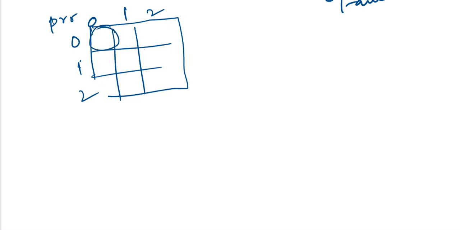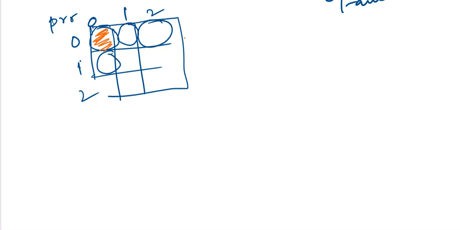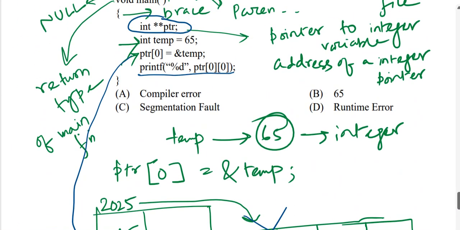This is the 0 0 element, and this will point to the pointer of 0 0 element. Okay, so this will cause the segmentation fault, so it will print the error segmentation fault. So here option C is the correct answer.